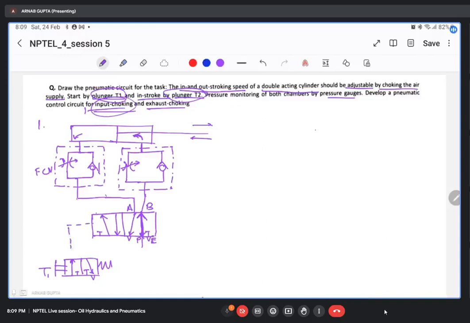Under neutral condition, it will be like this. This is a pilot signal for this particular valve, this DCV. So there should be another pilot signal for the T2 plunger.